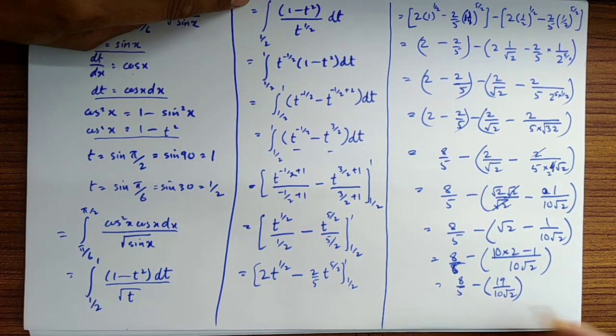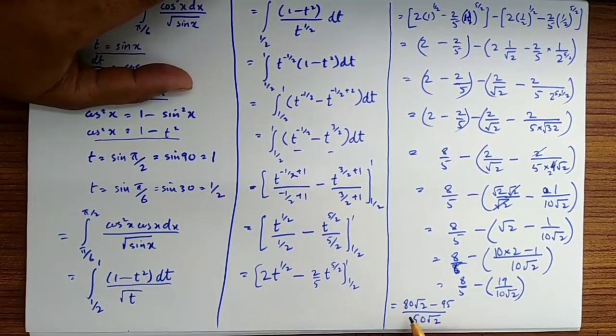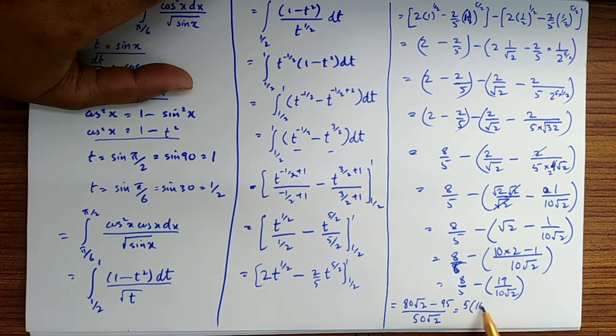So this continues on, and you can simply make a simpler condition for this question. So taking the LCM, we got this part, and taking a common 5, that gives 16 under root 2 minus 19 whole divided by 50 under root 2.